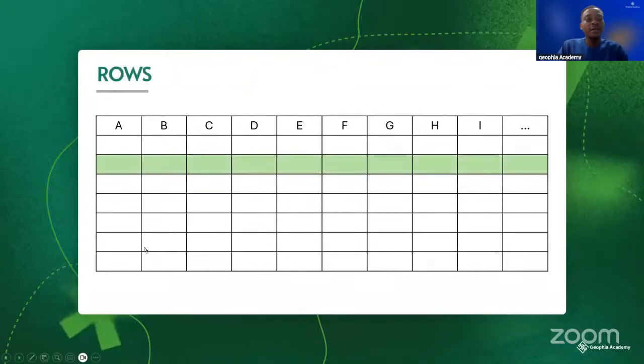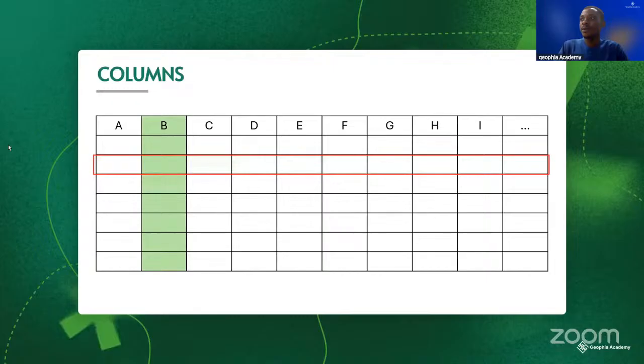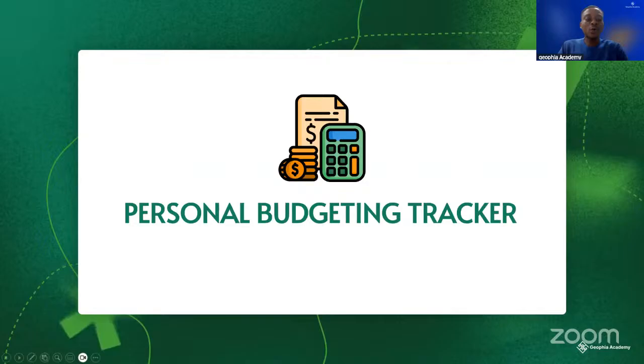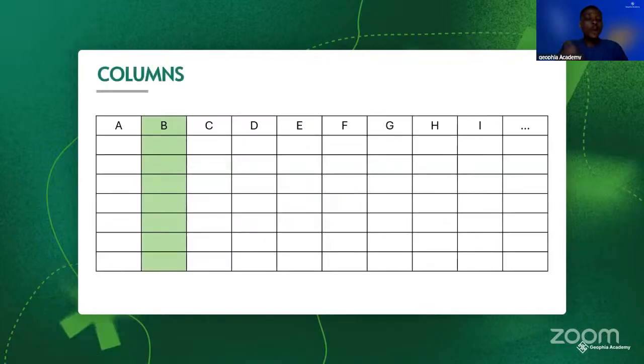The checkers or the boxes that run from left to right is what we call rows. Then the ones that run from up down is what we call the columns.